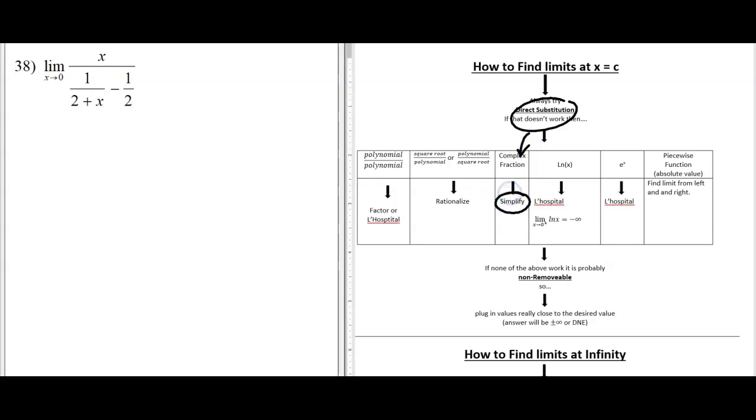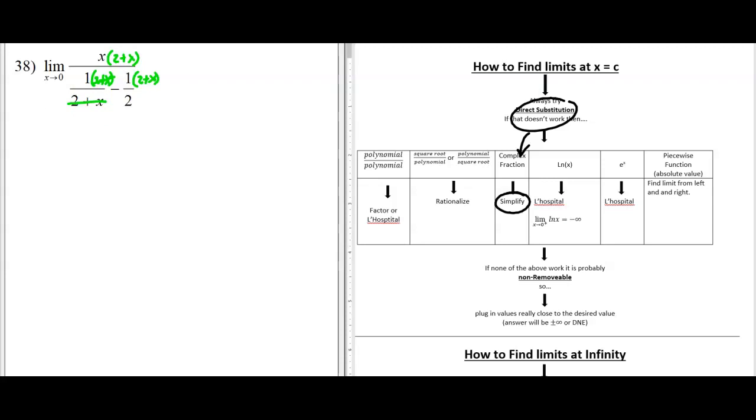I would just simplify the complex fraction. So what you're going to do is you're going to multiply everything by the denominator. And that way these cancel out.